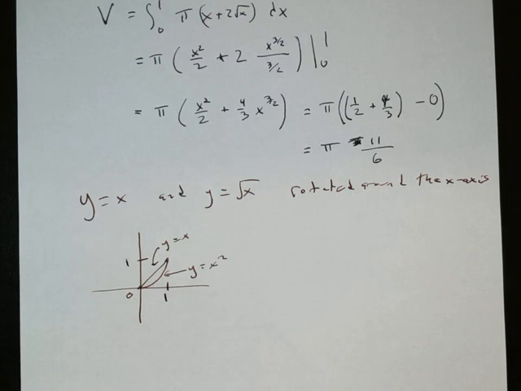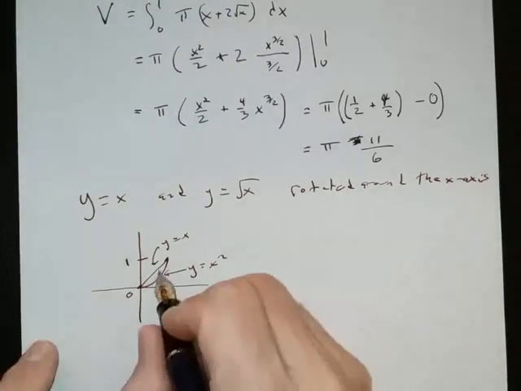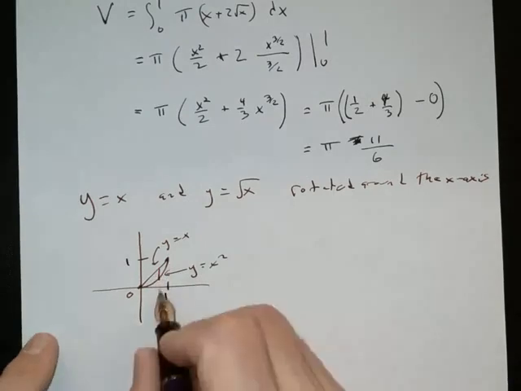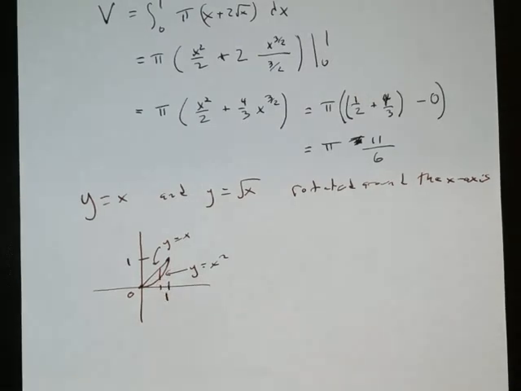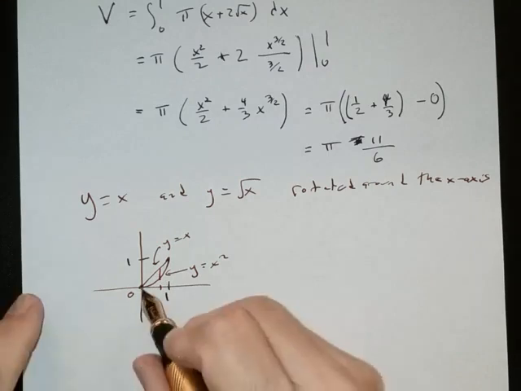Which means when I spin this, I get something that has a hollow inside it, right? Think of a slice at some x value, and we spin it around. Again, crappy pictures help.